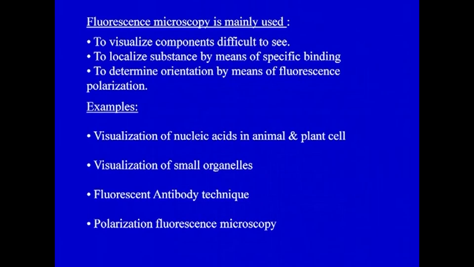Another important application could be by utilizing polarization fluorescence microscopy, that is, when you would like to know the orientation. The angle of polarization of the fluorescence with respect to the DNA helix axis could be deciphered if you know the plane of polarization of a fluorescent dye.